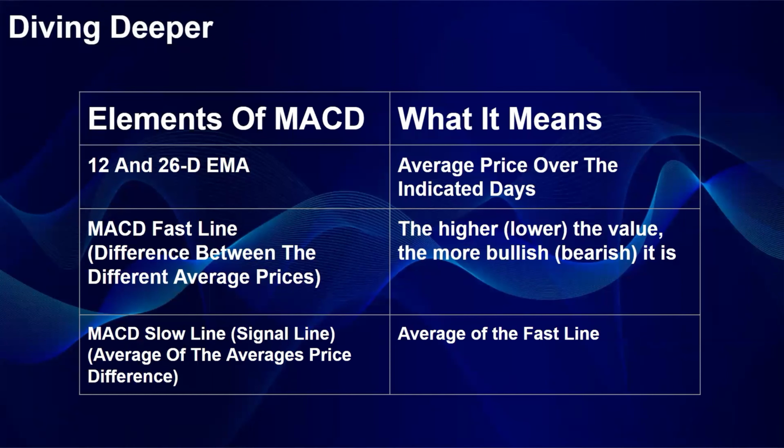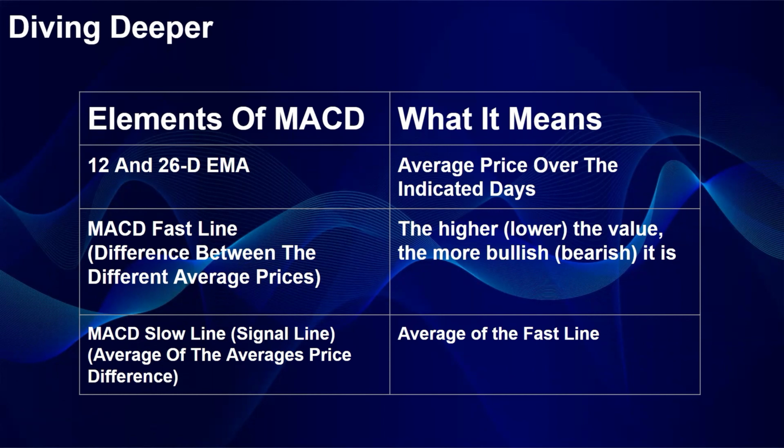In short, the 12-day average and 26-day average are the average of the prices. The fast line is the difference between the averages. The slow line is the average of the average.